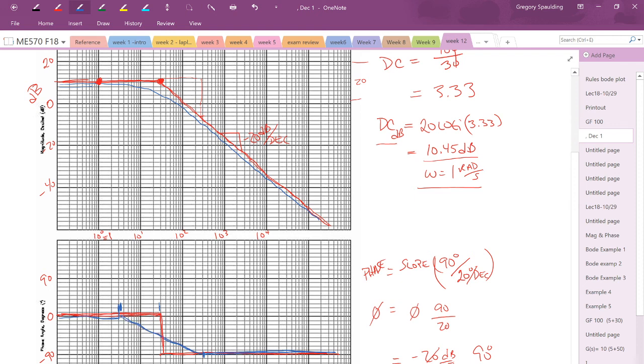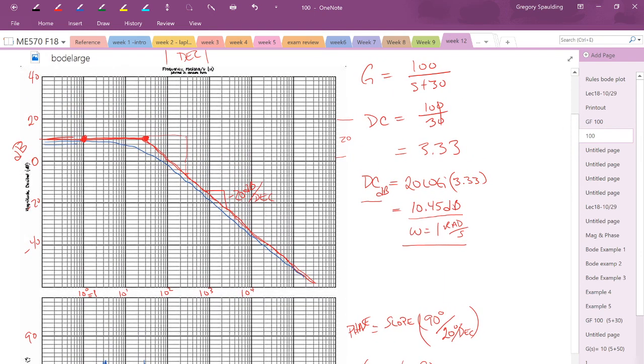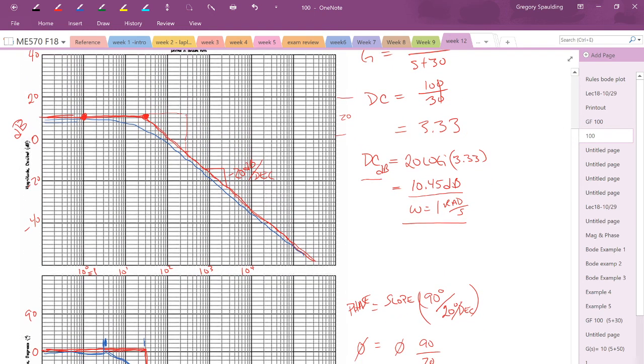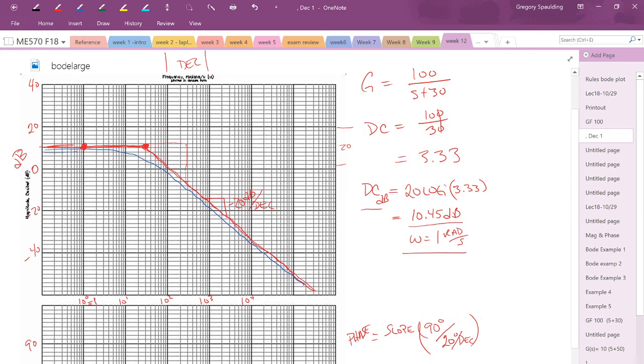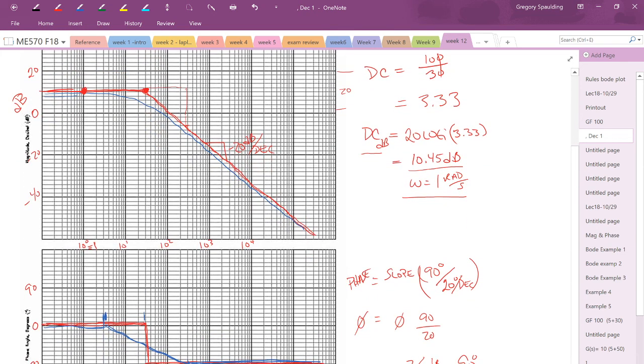So that would be our Bode plot for this transfer function. It could be open loop, could be closed loop. All we know at this point is it is a transfer function that we want the Bode for. So that would be our asymptotic Bode plots for that transfer function.